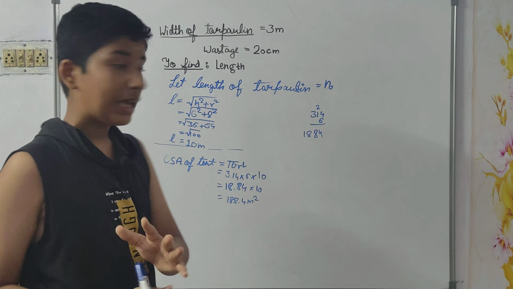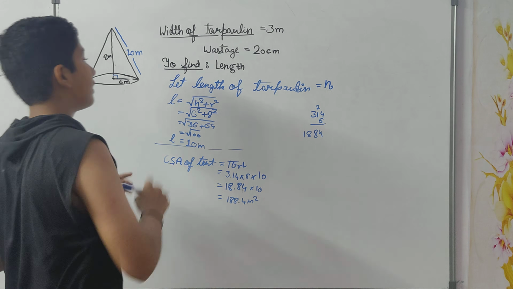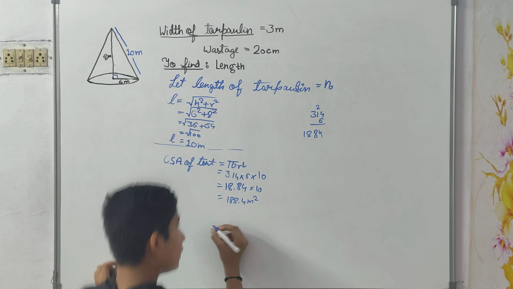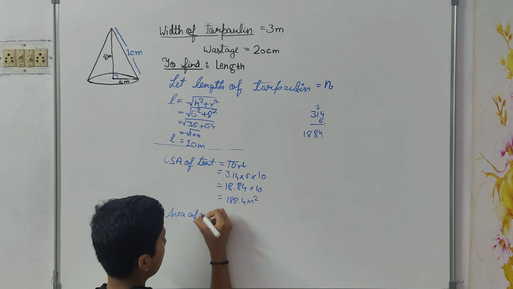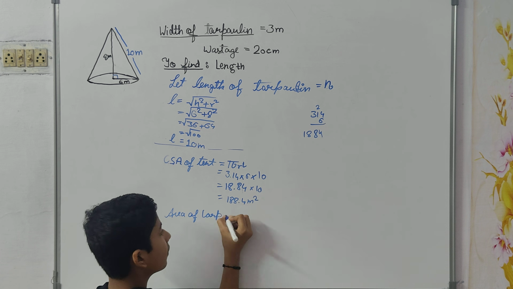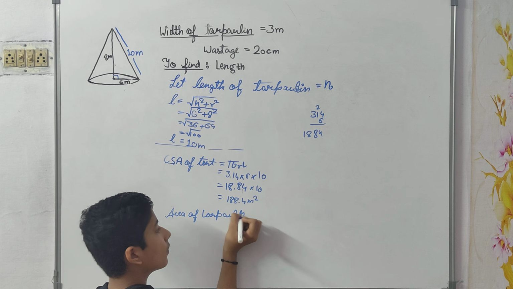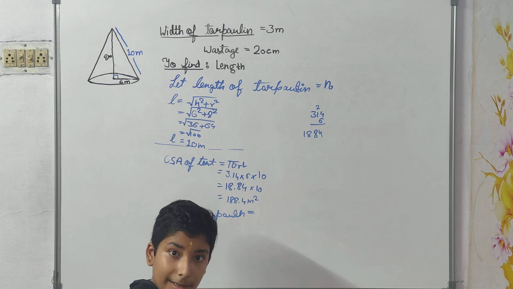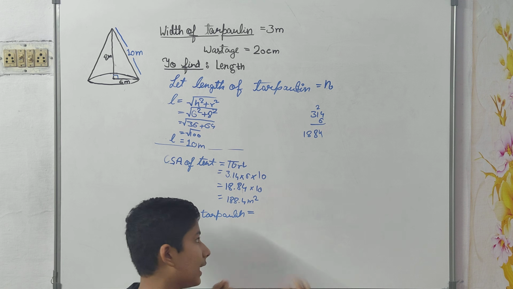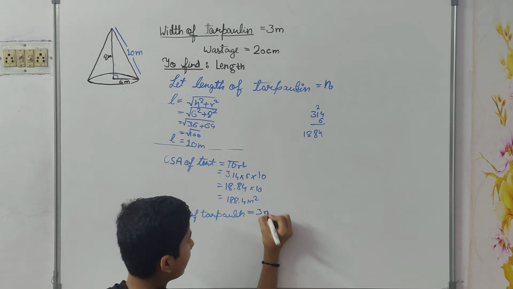Now, if we relate it with the width and length of tarpaulin, the area of tarpaulin will be length into width, and length is n and width is 3, so it would be 3n.